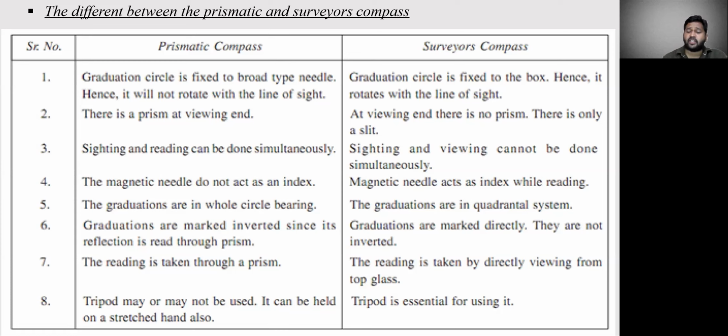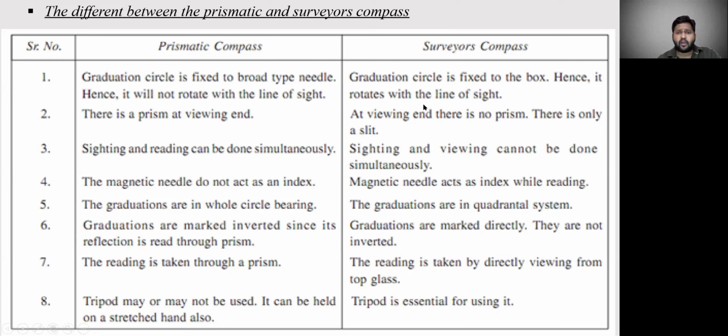We take the readings after fixing the surveyor compass on top of the tripod. For the surveyor compass, the tripod is essential. Without the tripod, we cannot take readings with the surveyor compass.